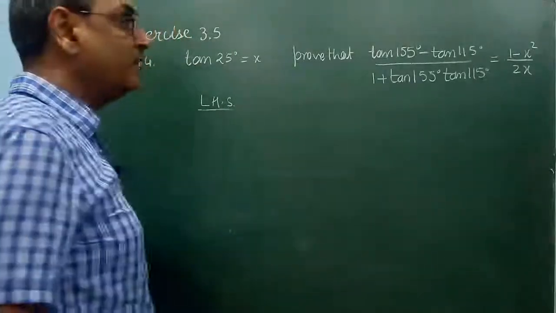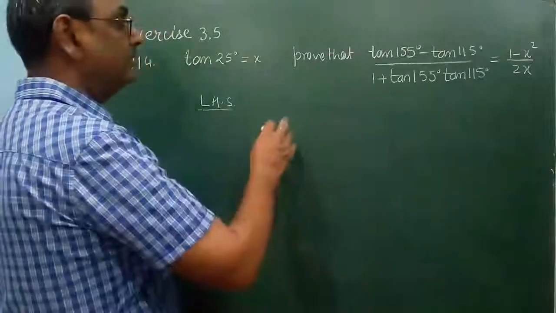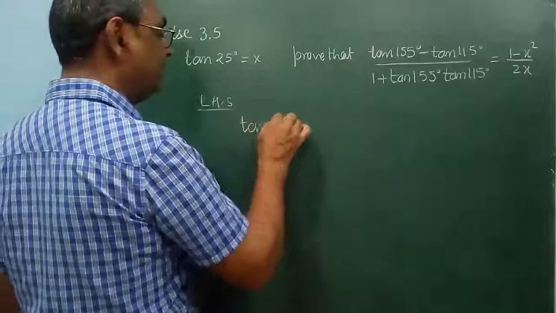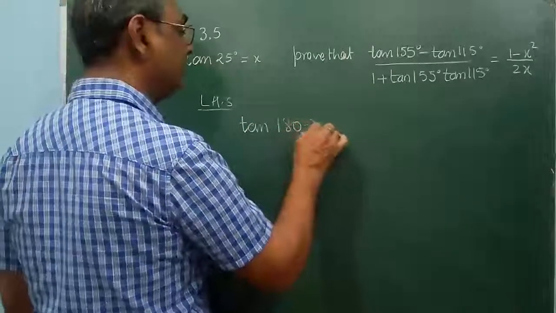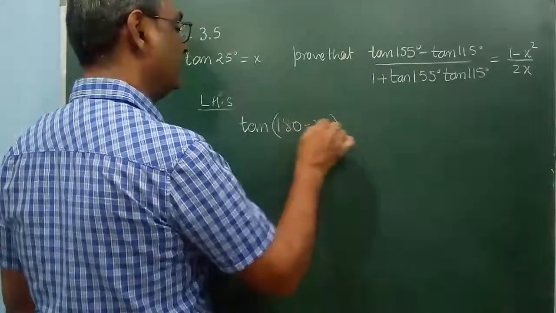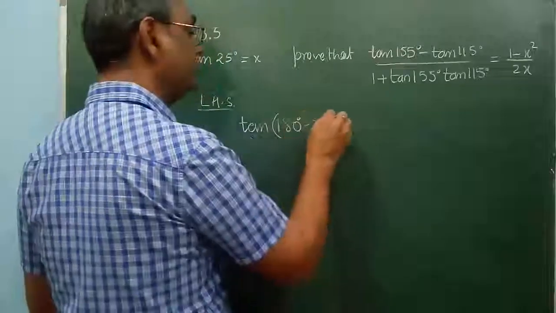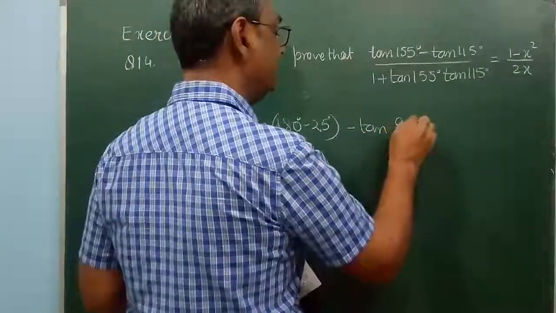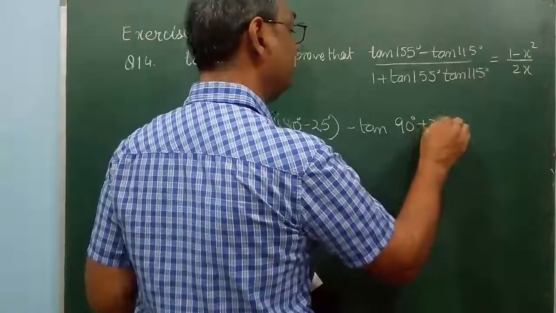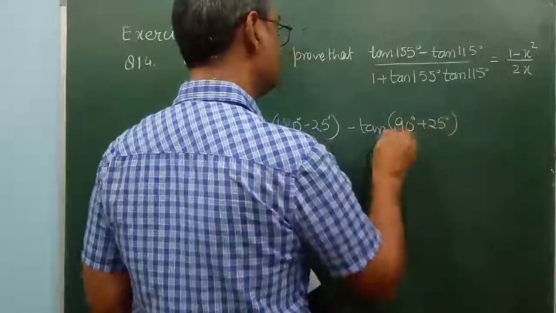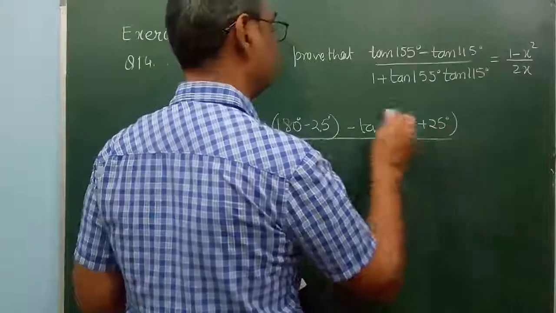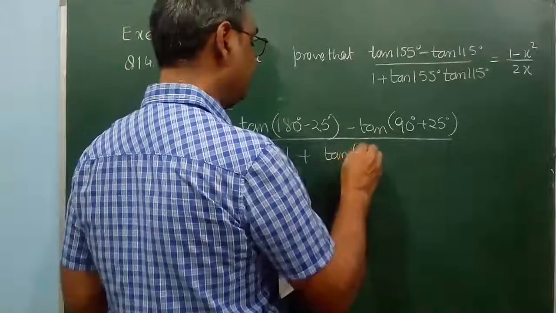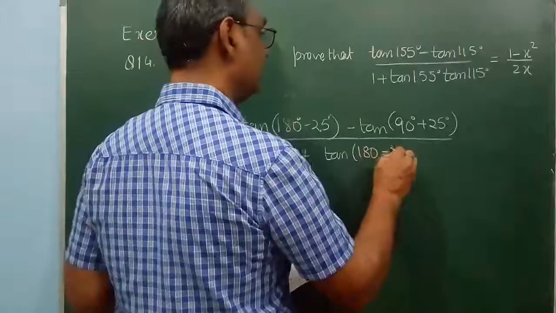So what we can do here is write tan 155 as tan(180 minus 25) degrees, minus tan, this is (90 plus 25), whole upon 1 plus tan. The same thing we will be doing downside also.